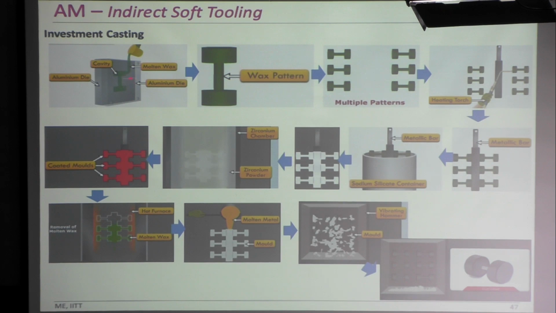Initially you need to prepare the wax pattern. For that we require a separate mold, which is an additional job and expensive. So here we make the wax pattern by using an AM process, and the remaining steps are the same. This is very important here.